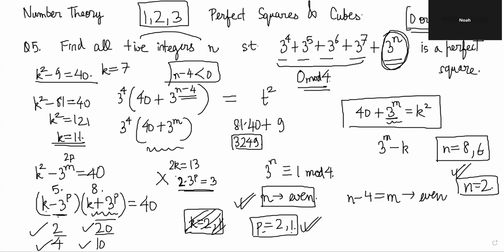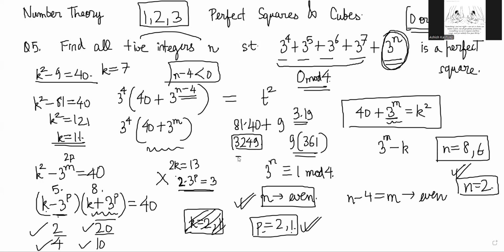Because you can take 9 common, you'll get 9 into 361. This is the perfect square of 3 into 19, 57. Correct? Yes. So basically your final answers will be 2 also, and 8 and 6 from the solution that you have done.